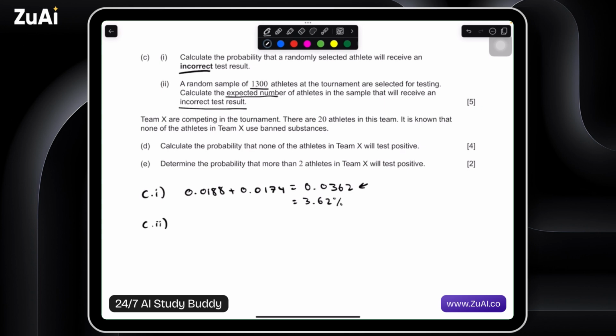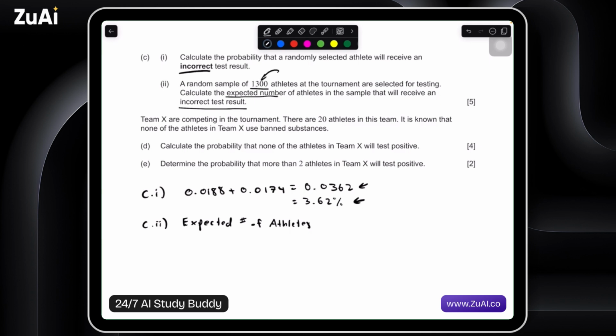C2. So this expected value is in our formula booklet, but expected value we can kind of think of through intuition as well. Expected number of athletes. Let's write this out. What can we say? Roughly 3.62% receive an incorrect result.